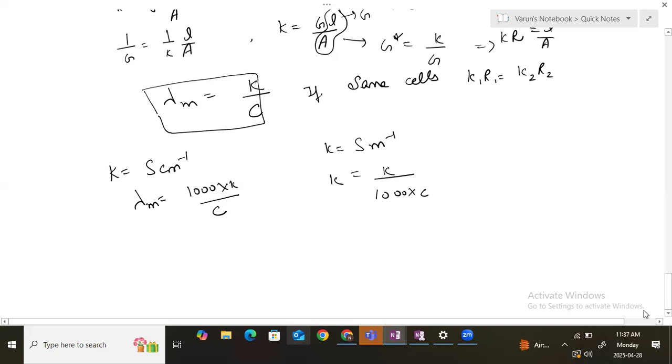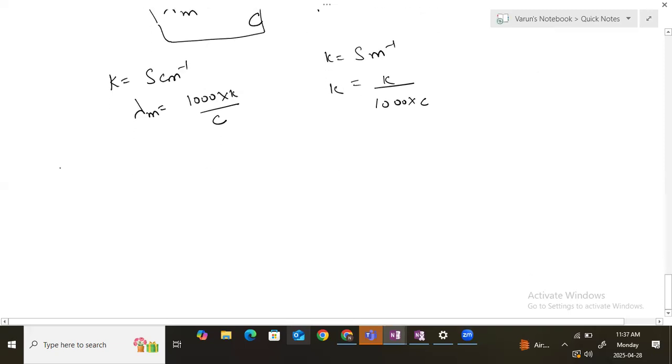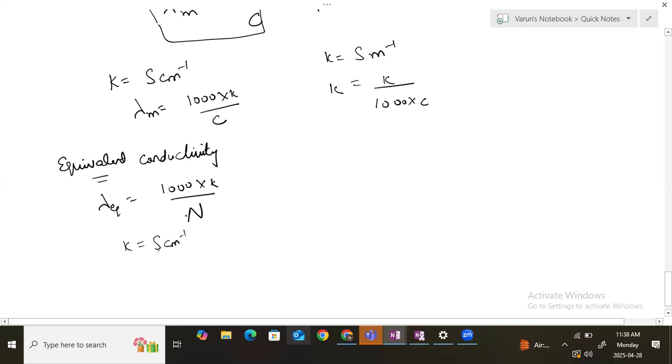Next, there is a term, the equivalent conductivity. One is molar conductivity, next is equivalent. It is related to the number of equivalent electrons. It is equal to 1000 into kappa by normality, not molarity, when kappa is given in Siemens per centimeter.